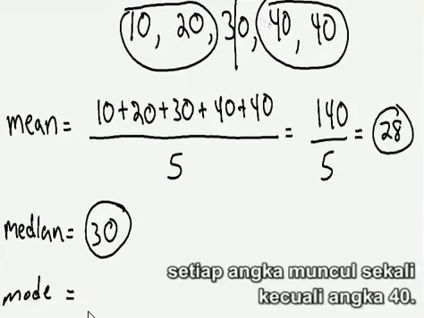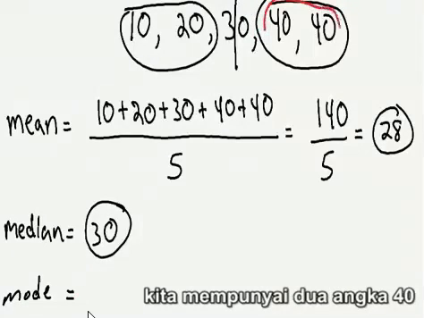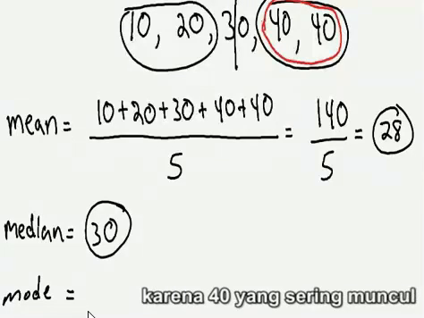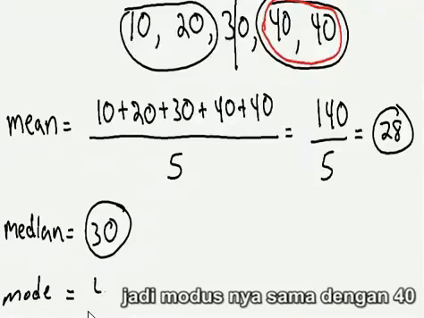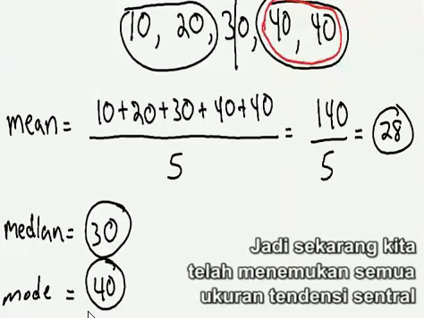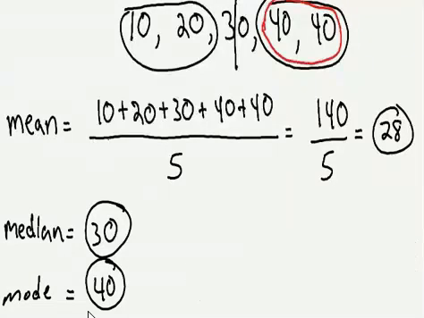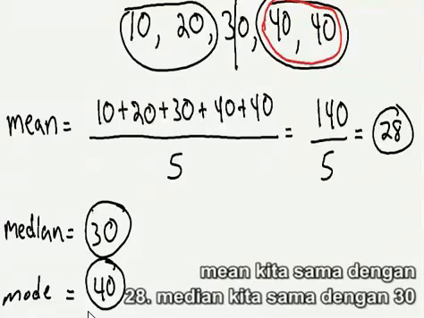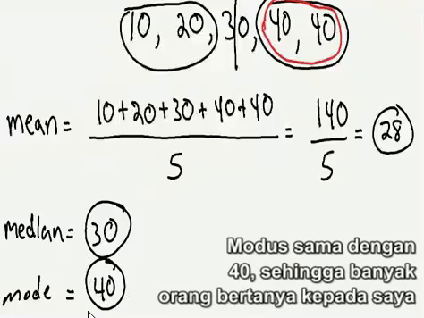Notice how every number occurs once except for 40. We have two 40s. So because 40 occurs the most, our mode is equal to 40. So now we have found all our measures of central tendency. Our mean is equal to 28, our median is equal to 30, and our mode is equal to 40.